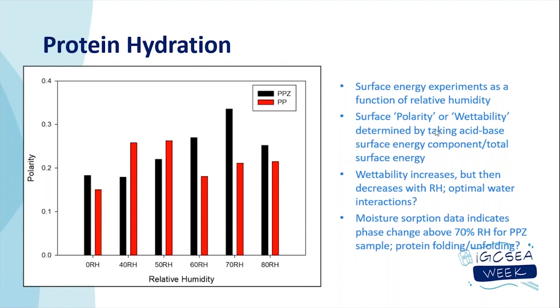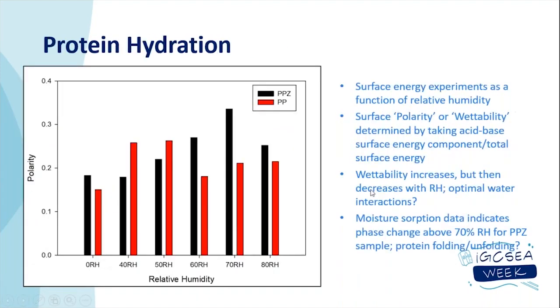We do see some changes as we go from 0% relative humidity to 70% relative humidity, and we see a strong dependence on that. Not shown here is that some of the moisture absorption data taken by DVS does indicate there might be a phase change above 70% RH for the PPZ sample, which is the one that included the protein, which may include some other restructuring of the protein.